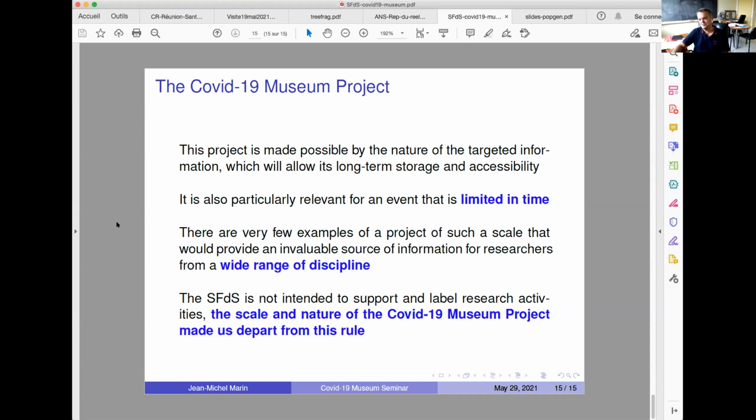And so after a discussion in the board of the French Statistical Society and also in the council, we decided that the scale and the nature of the COVID Museum project made us depart from our rule to not support and label research activities.